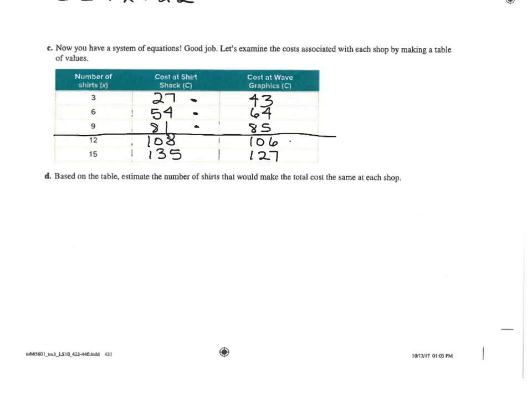And then Wave Graphics becomes cheaper here and here. So I'm going to say it's going to be somewhere between 9 and 12 t-shirts. So I'm looking at maybe 11?